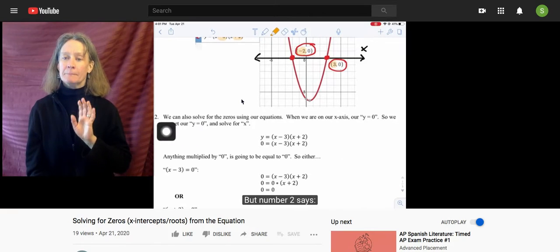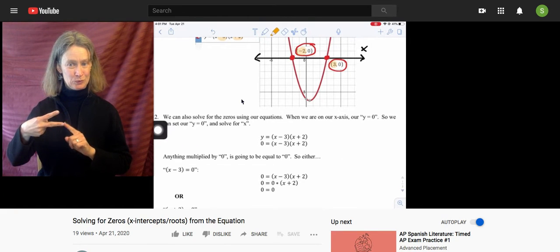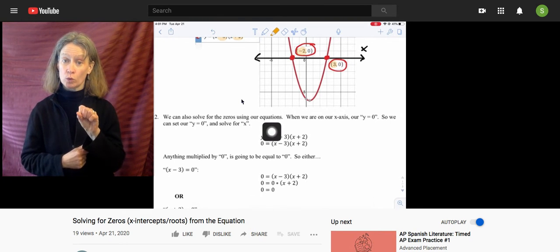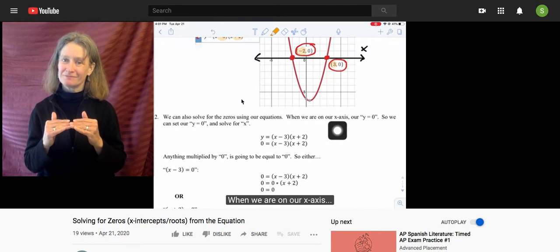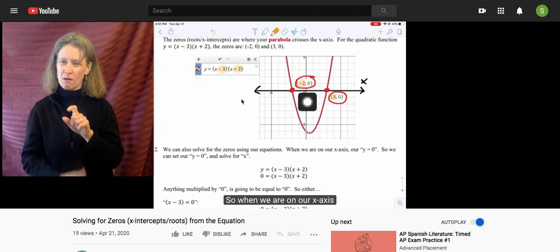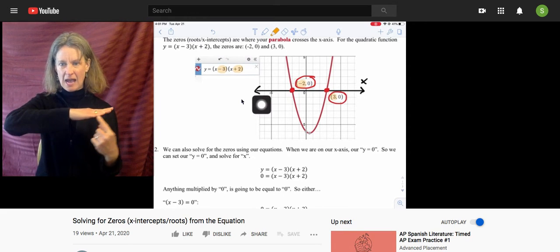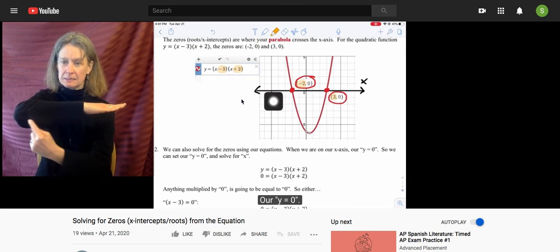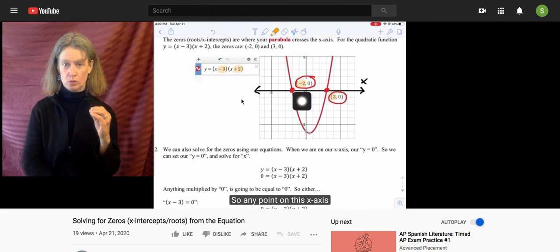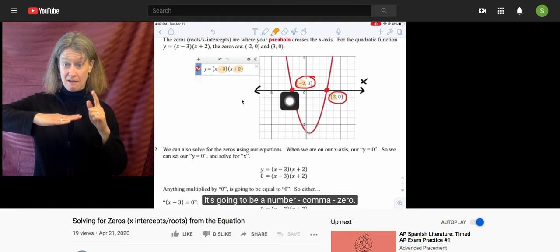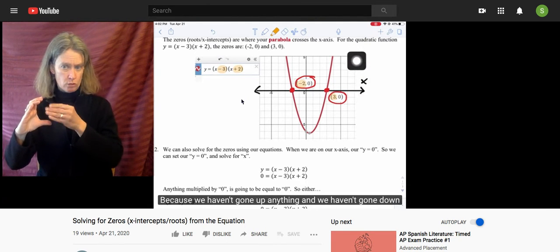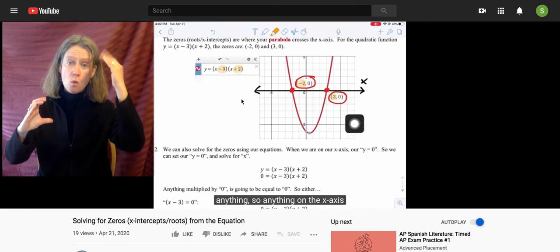But number 2 says we can also solve for the zeros using our equations. When we are on our x-axis, our y equals 0. So any point on this x-axis, it's going to be a number, comma, 0, because we haven't gone up anything and we haven't gone down anything.